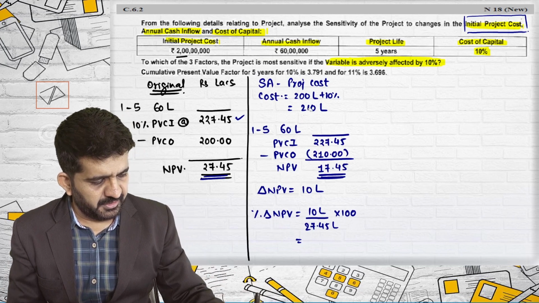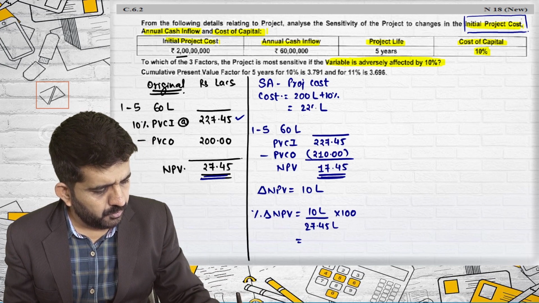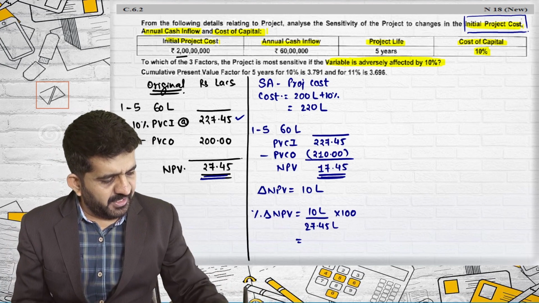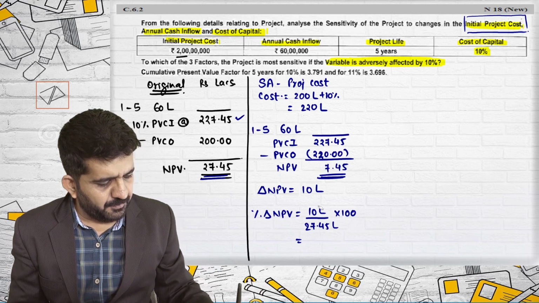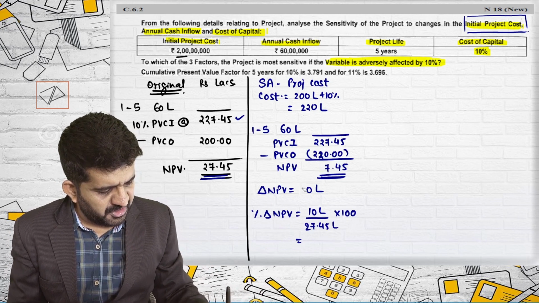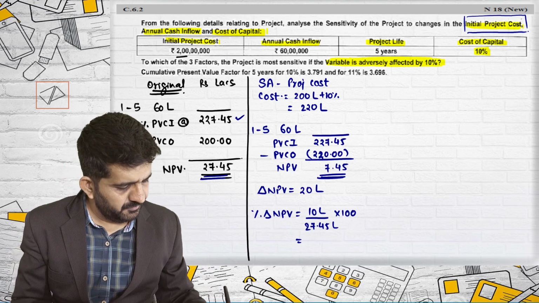Yes, here there is a mistake. It should be 220 lakhs. Thank you. So this is 220 lakhs. This will be 7.45. Change in NPV will be 20.